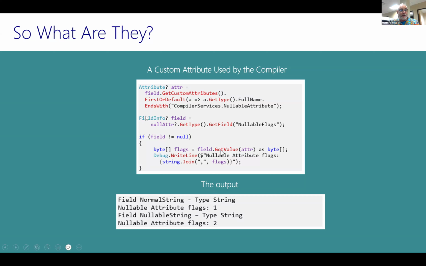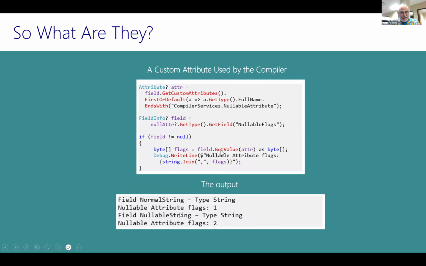So then I'll do the same code, which is get the field info, loop it, and write out the flags value associated with this attribute. It's a byte flags. And you can see that the normal string has type string and the nullable attribute flags value of 1.